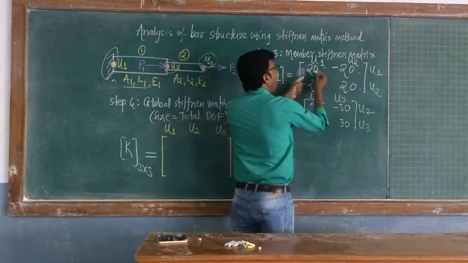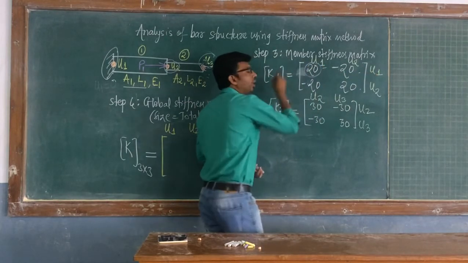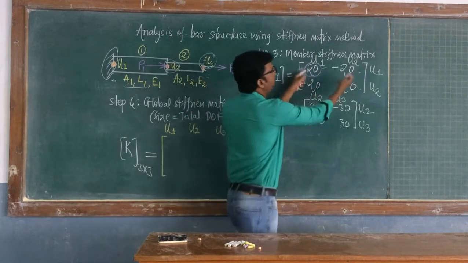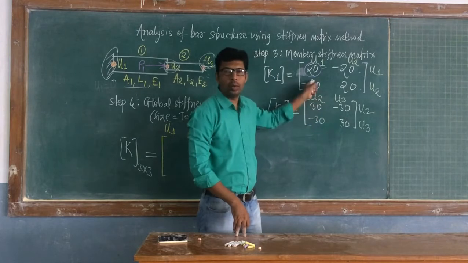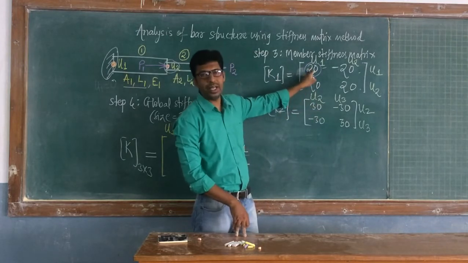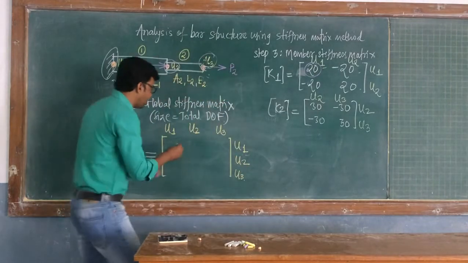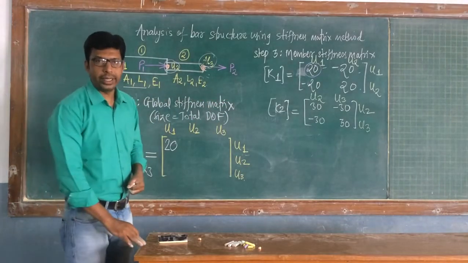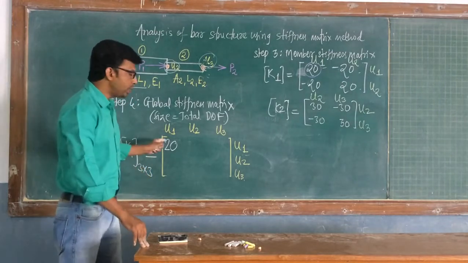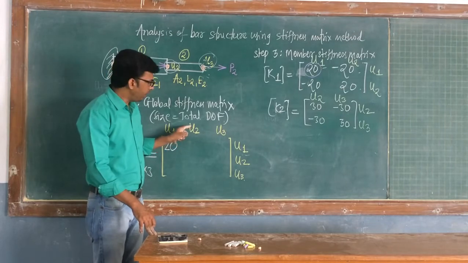If you look at these two matrices, this 20 is U1, U1. There is no other U1, U1 combination out of these two. So there is only one combination present, in the first stiffness matrix. Magnitude is 20. So this is the first element.